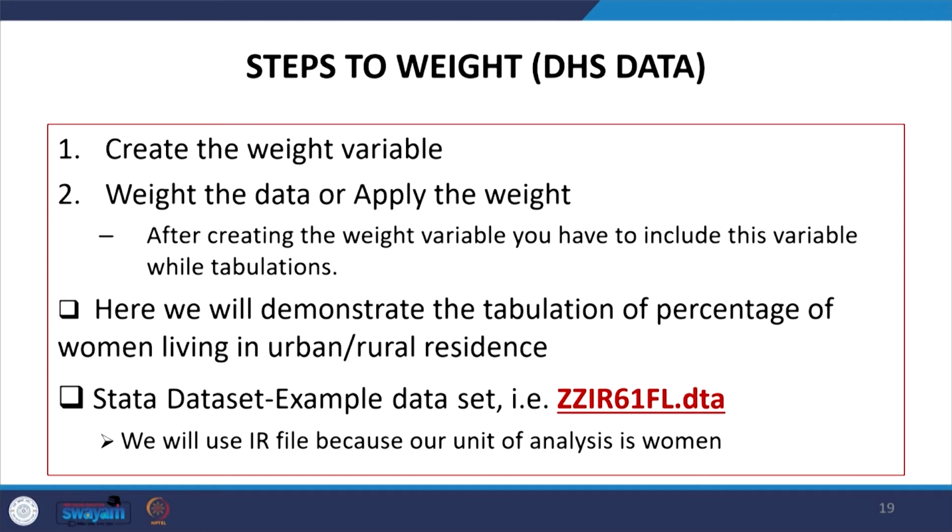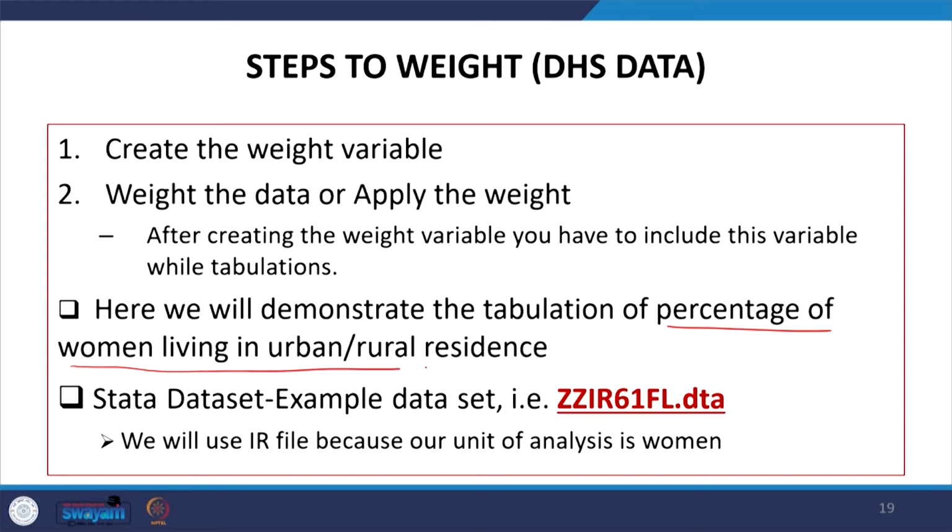The second step is to weight the data, or apply the weight. After creating the weight variable in the first step, you have to include this variable during tabulations. Here we will demonstrate the tabulation of percentages of women living in urban or rural residence.